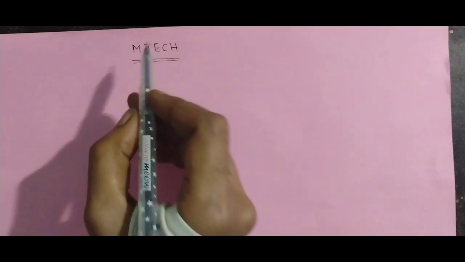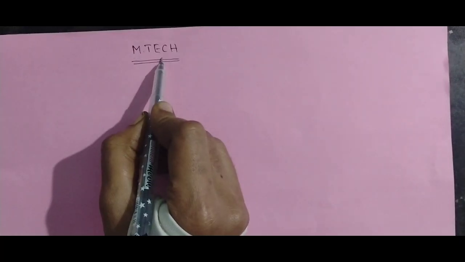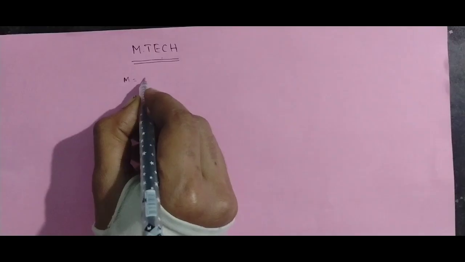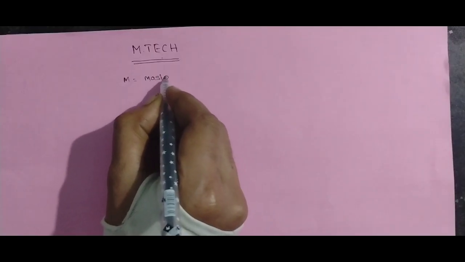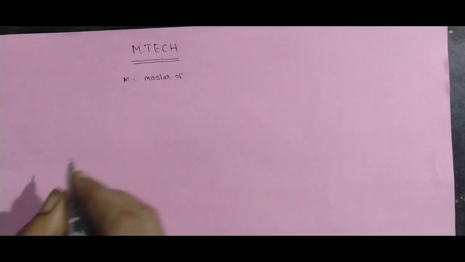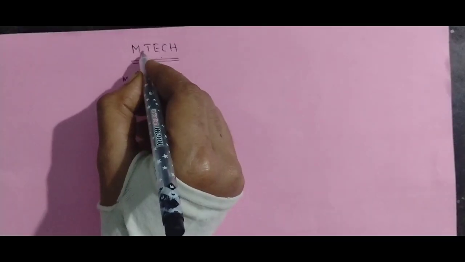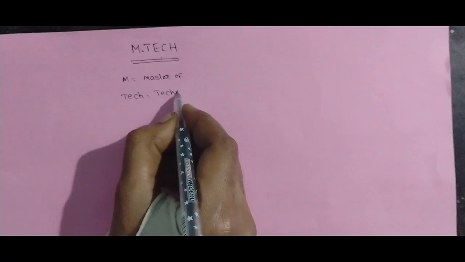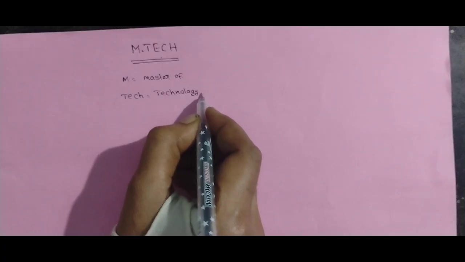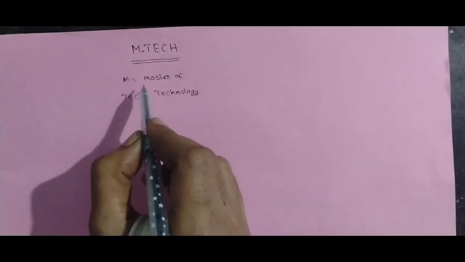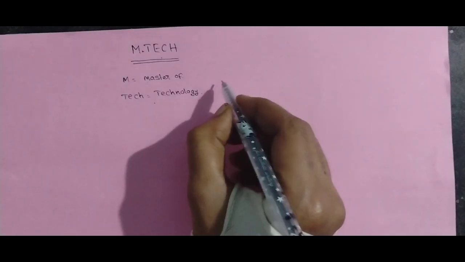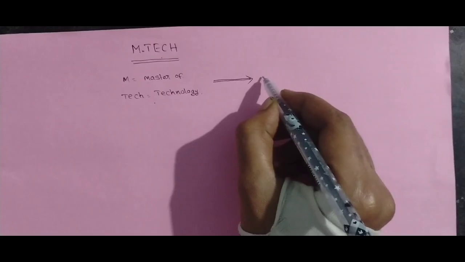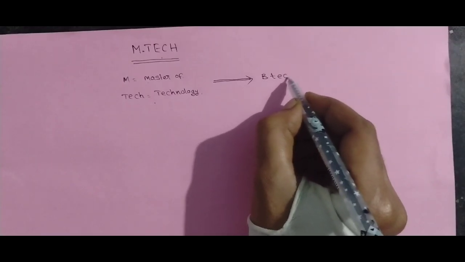Basically, M.Tech stands for a master degree. Here M stands for Master of, and Tech stands for Technology. So M.Tech means Master of Technology, which is the next course after B.Tech.